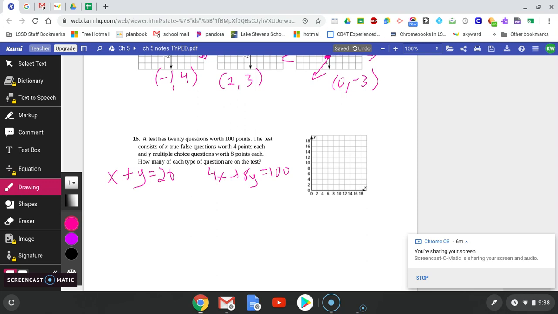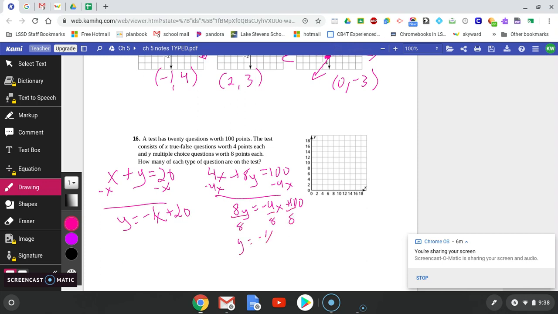Okay, so I've got my two equations, and now I can get them in slope-intercept form and graph them. If I subtract an x over, I get y is equal to negative 1x plus 20. And if I subtract my 4x over, I get 8y is equal to negative 4x plus 100. If I divide by 8, then I get y is equal to negative 1/2 x plus about 12.5.